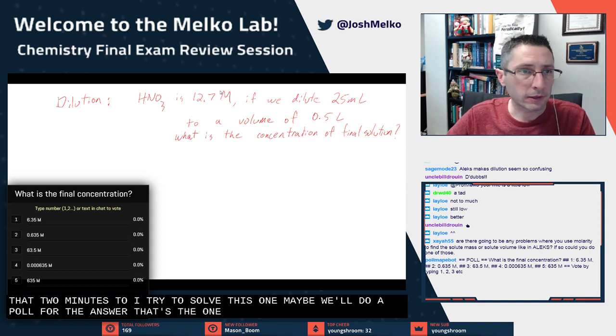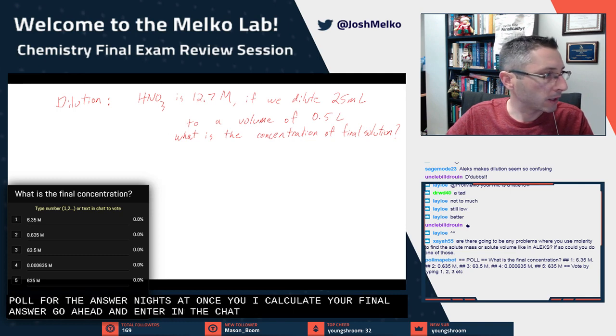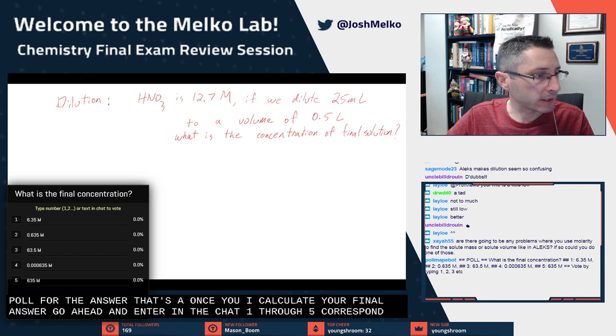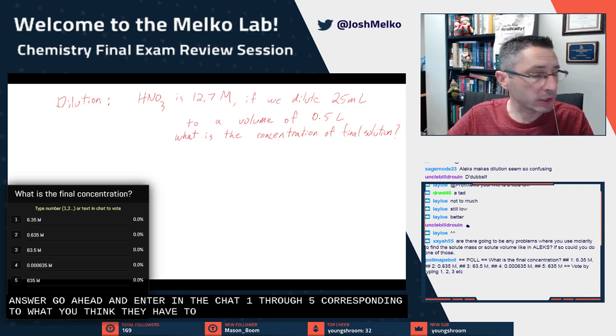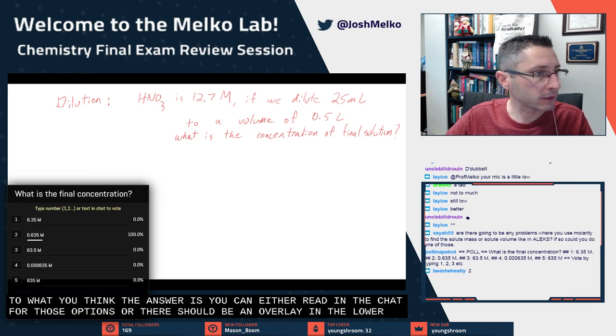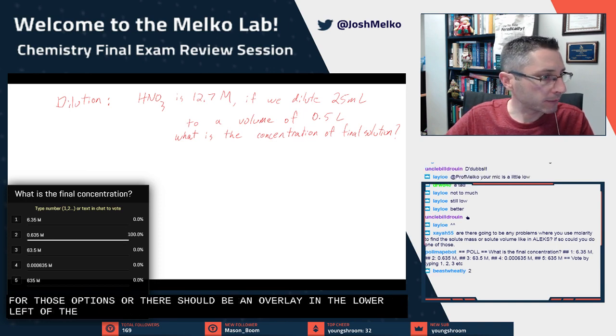All right, so once you calculate your final answer, go ahead and enter in the chat 1 through 5, corresponding to what you think the answer is. You can either read in the chat for those options, or there should be an overlay in the lower left of the different options.